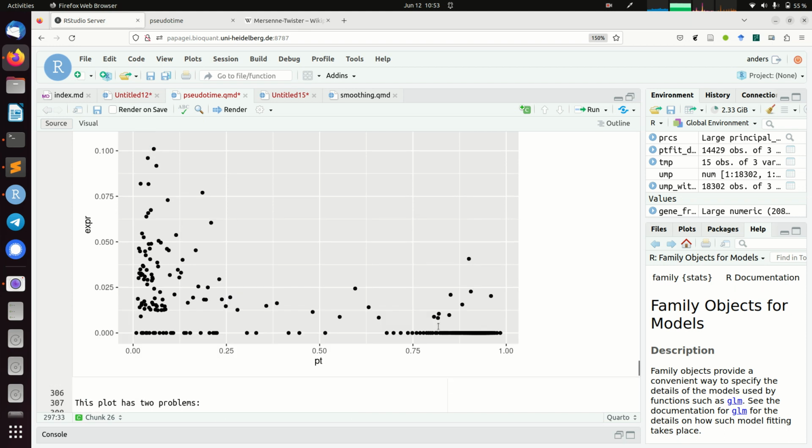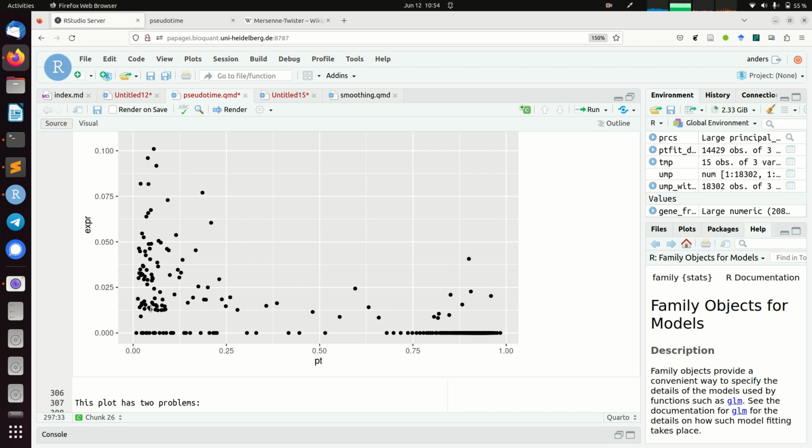Another issue is that, remember how we calculated this log expression. We always said we take the counts k, divided by the total sum s, multiply with 10 to the 4, add 1, and take the log of that. And we did this so that if k is 0, we don't get minus infinity.